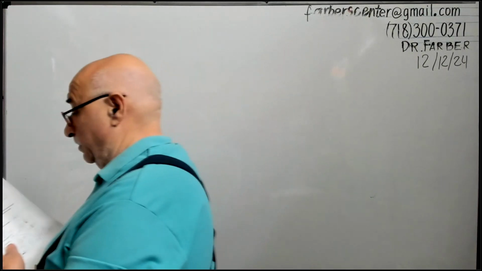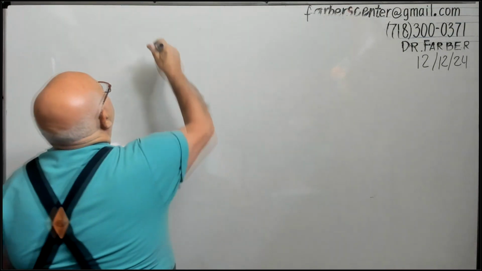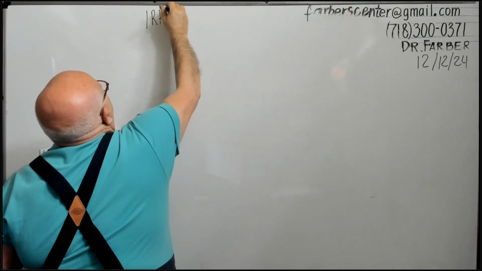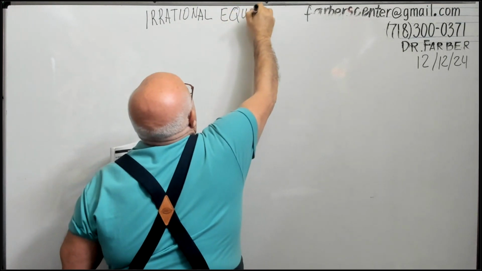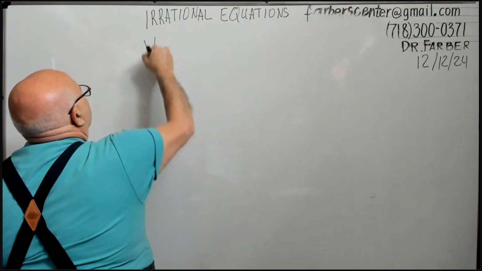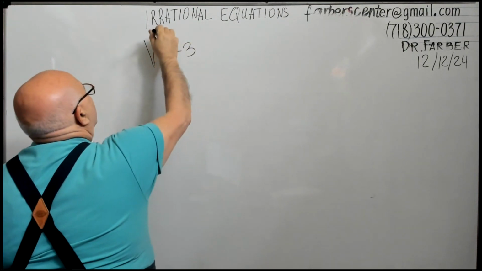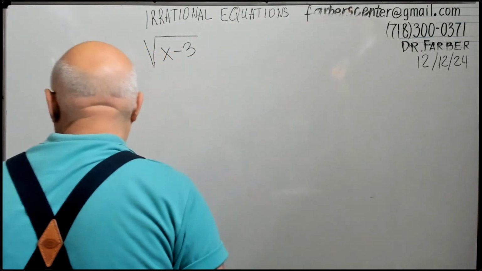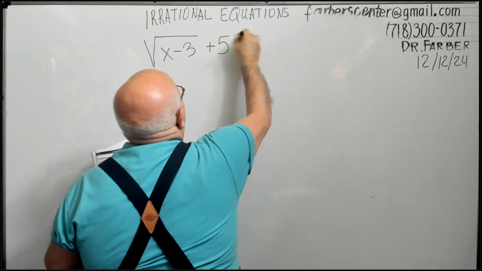For geometry, for instance, I give you the simplest irrational equation, for instance: square root of x minus 3, close the square root, plus 5 equals 9.